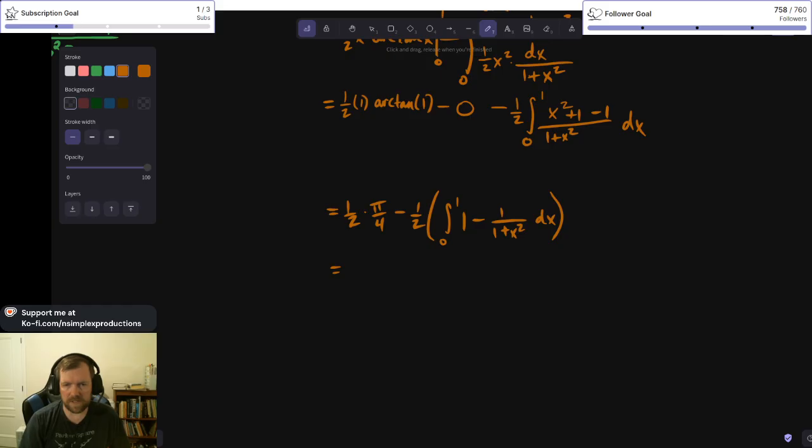Right, so this is going to be pi over 8 minus 1/2 times the quantity. Here we just get x from 0 to 1, minus, and now here that's also an arctangent because we literally just had that. Also from 0 to 1.